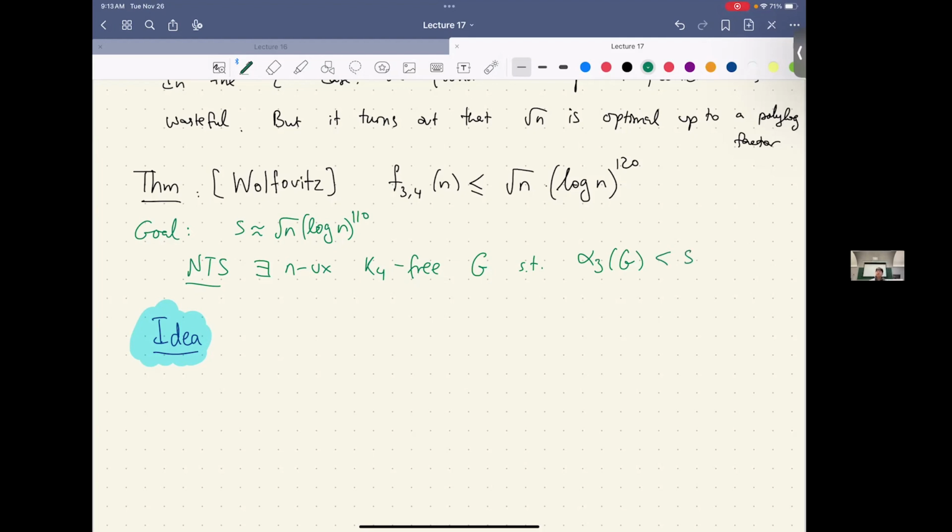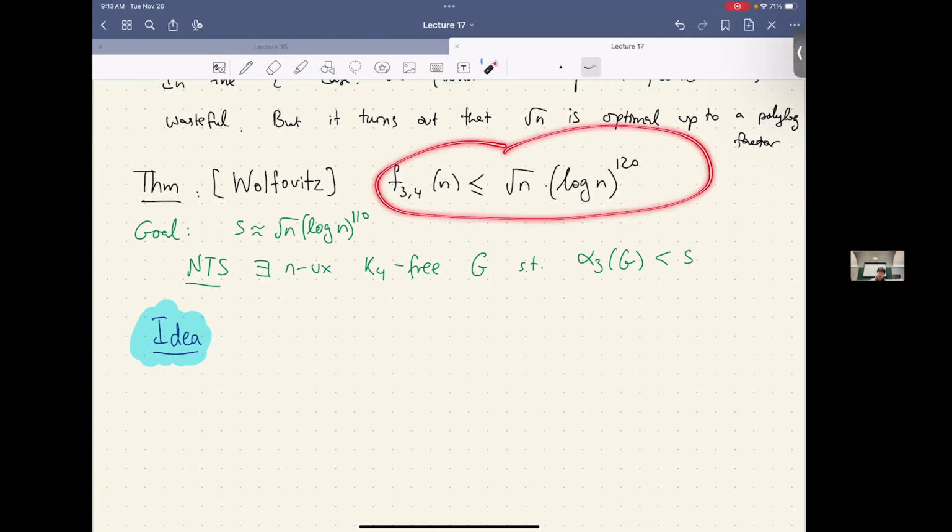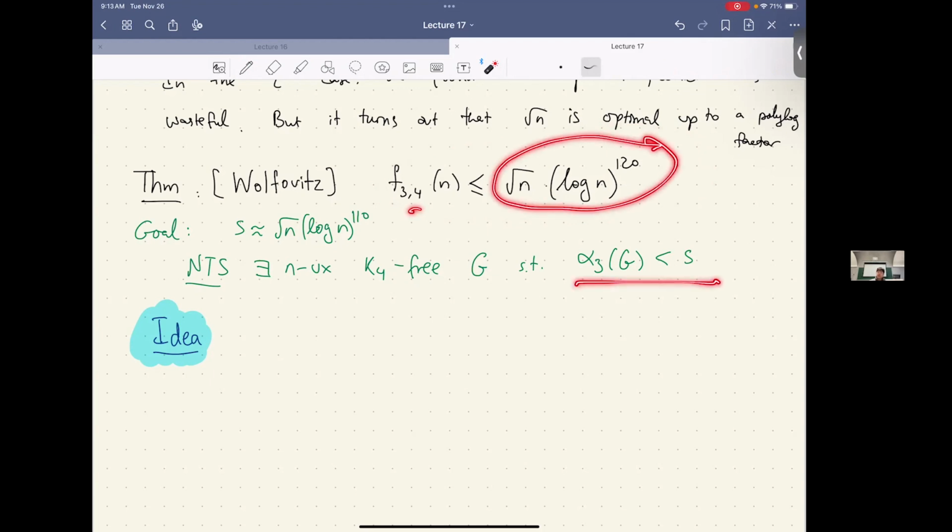This is what we need to prove. The upper bound means there exists a K4-free graph which does not have a large induced triangle-free subgraph, i.e. alpha_3 of G is less than s.